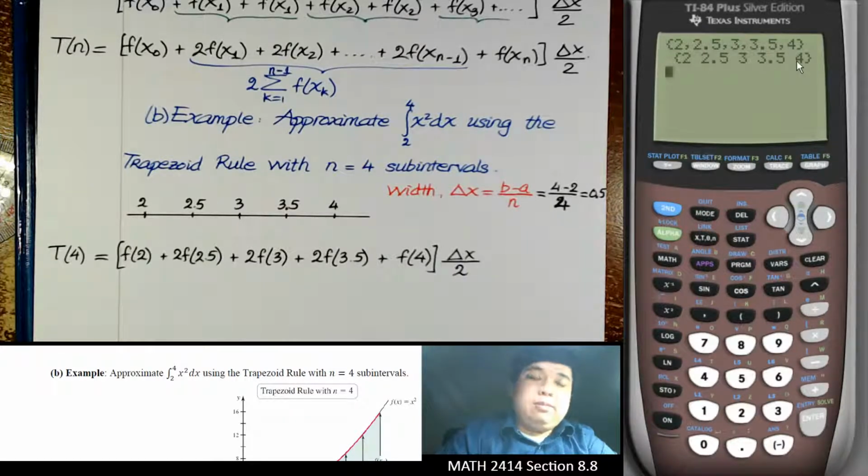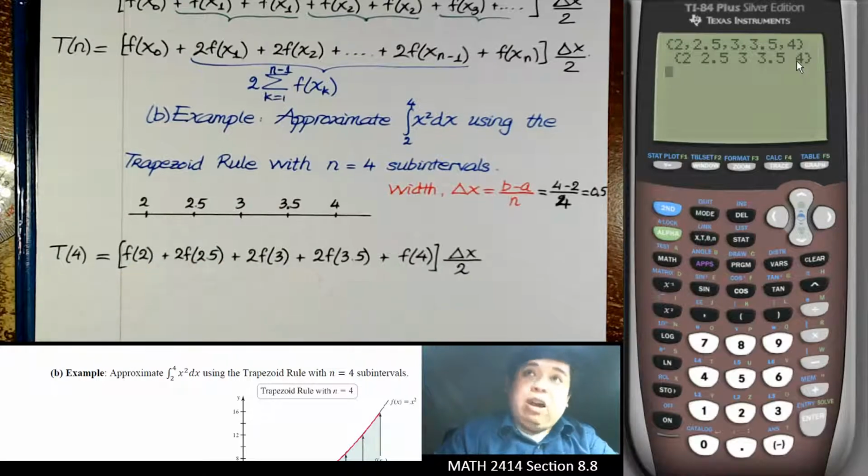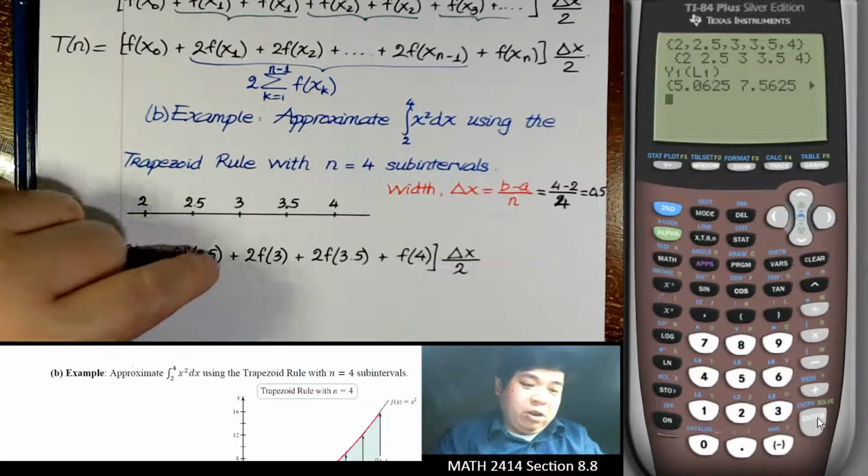Right? And then we evaluate the values of the function. Alpha trace y1, evaluate at list 1. Right, so we evaluate the function.